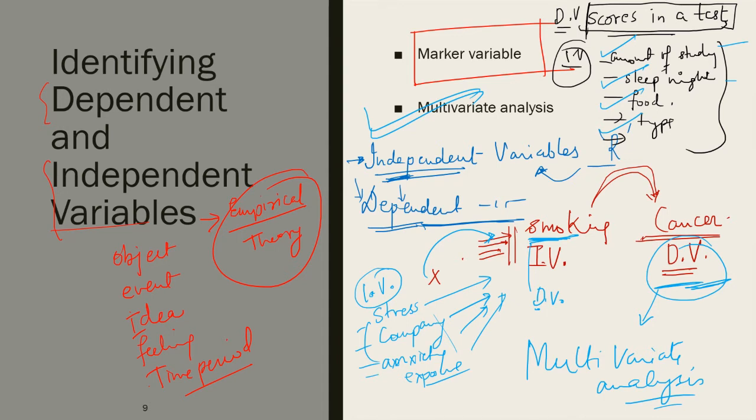The difference between types of variable is based on the purpose of the study. Whatever is an independent variable in one study can be a dependent variable in another study. Like for example, smoking is an independent variable, but it may depend upon stress.